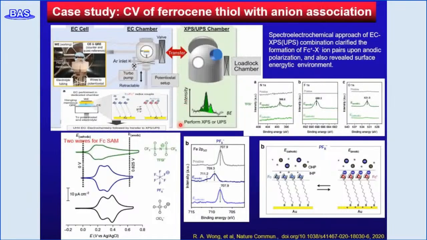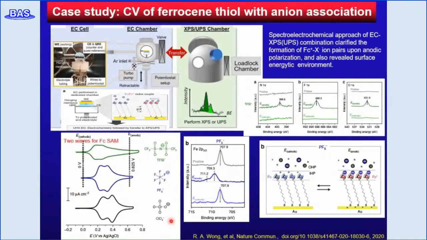The CV of SAM is shown here with different anion supporting electrolyte, TFSI, PF6, and ClO4. The CV significantly changed by not only the potential but also the shapes.